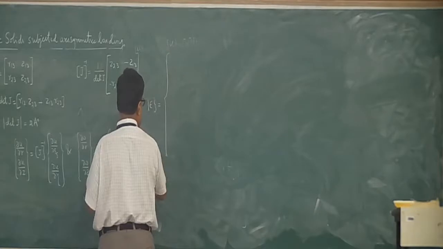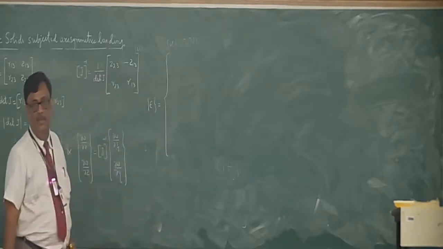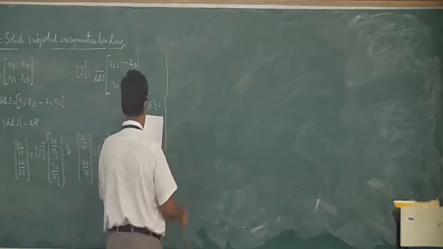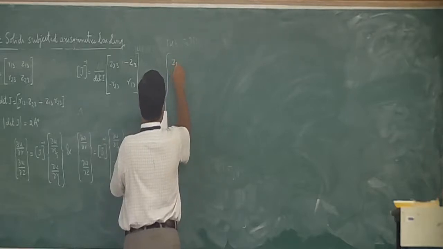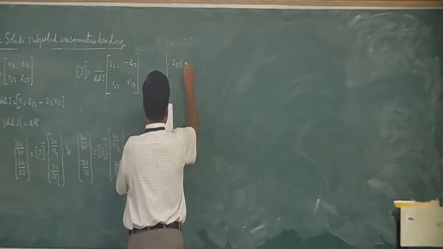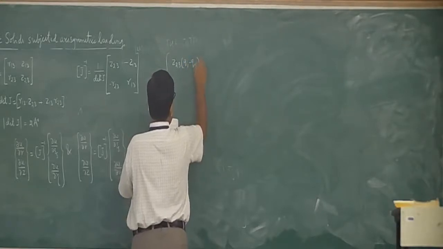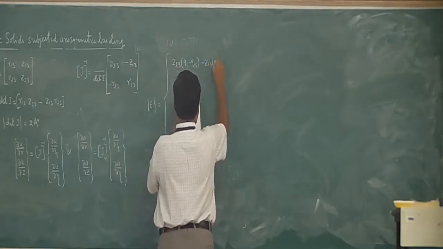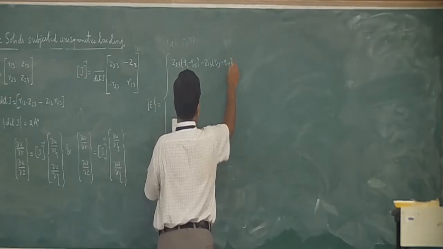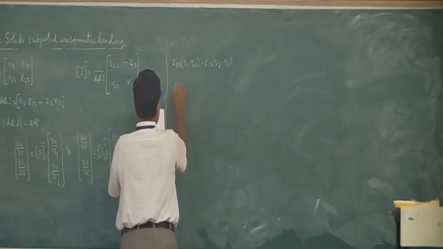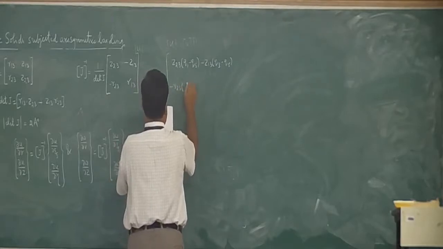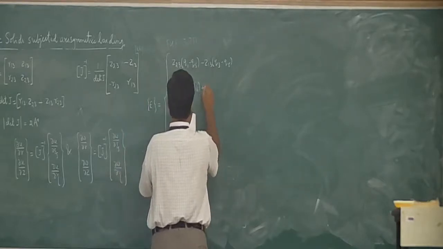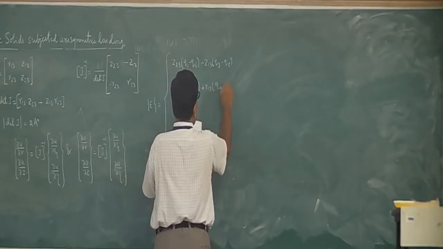Here, the interesting point is that 1 upon determinant of J is not coming common, because the last term epsilon theta is nothing but U by R. So therefore, when you take this into account, this will come Z23 (Q1 minus Q5), minus Z13 (Q3 minus Q5). Similarly here, minus R23 (Q2 minus Q6) plus R13 (Q4 minus Q6).